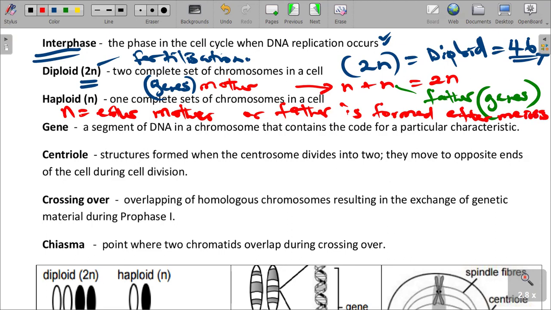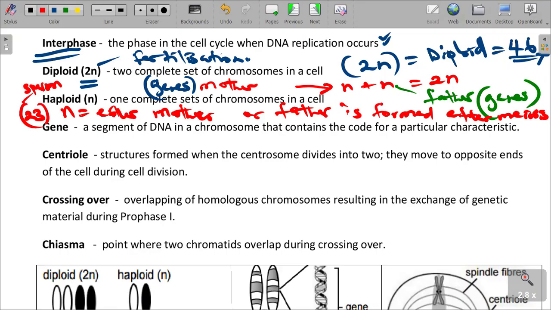It is the one that we are talking about, as I said there, that it is 23, to say that it's a sperm cell or it's an egg cell that has been formed in order to prepare for fertilization, in order to allow reproduction.